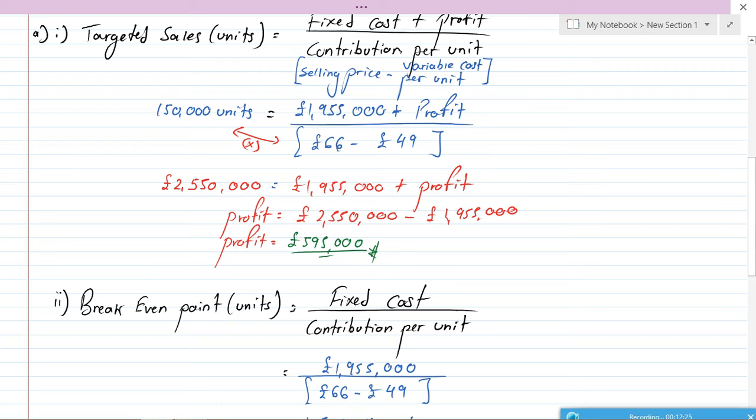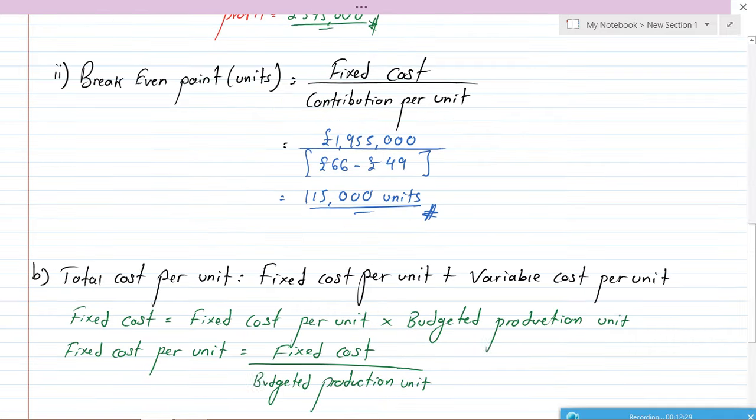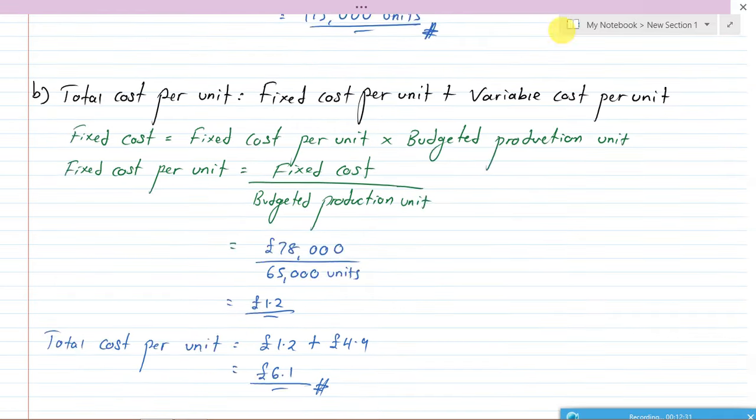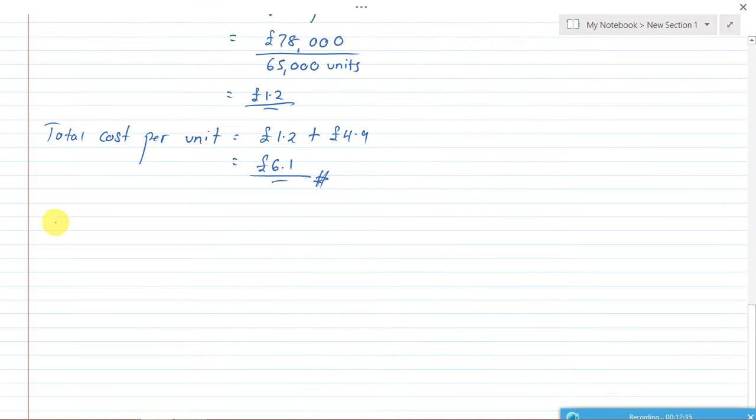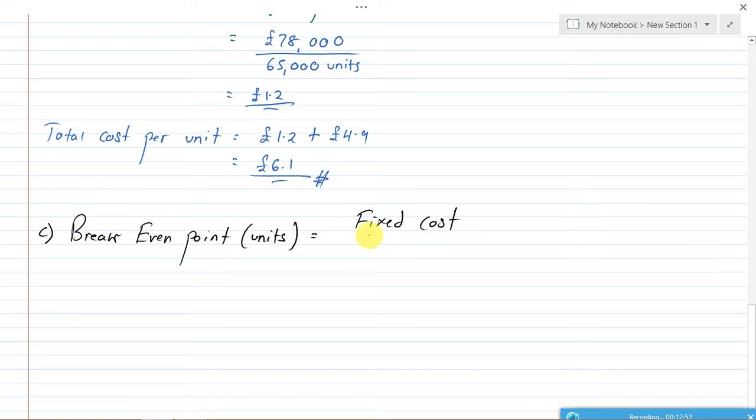Okay guys, but before that, as usual, let's put it in the formula first for the part C. Again, break-even point in units is fixed cost over contribution per unit.